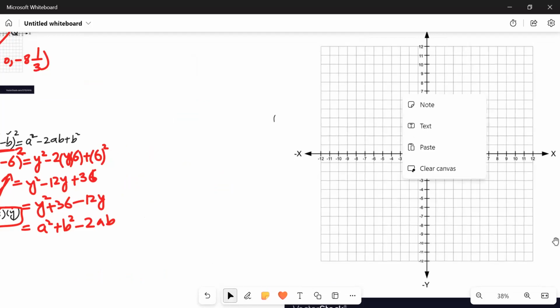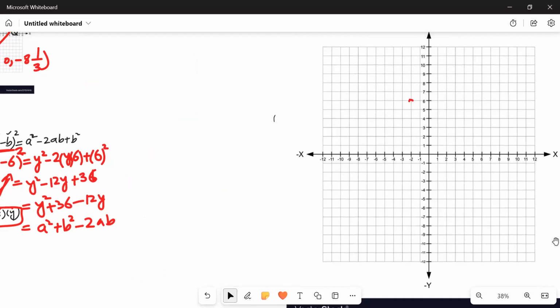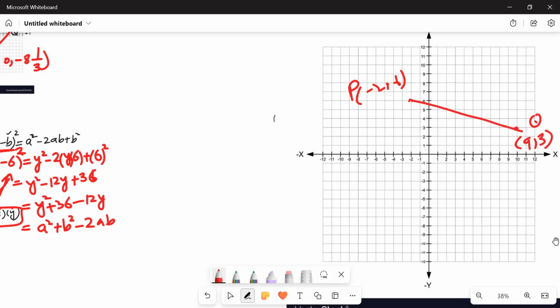And Q is 9 and 3, so this point is here. Now I'm writing the coordinates: -2 and 6 is the P point, and the Q point is 9 and 3. So this is the line.